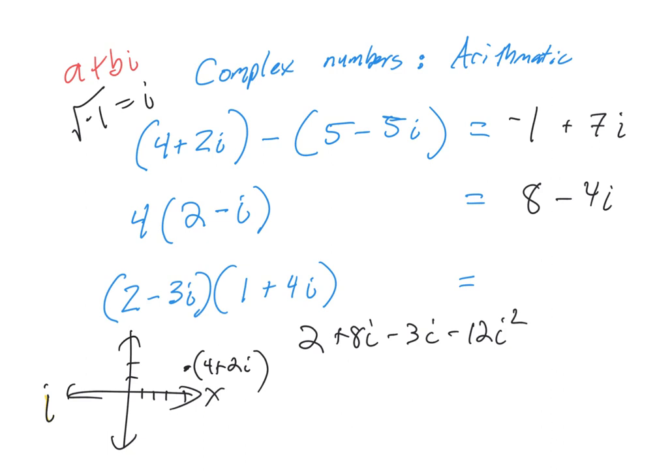So i squared is the square root of negative 1 times the square root of negative 1, which is negative 1. So this ends up becoming 2 plus 5i minus a negative 12, which is plus a positive, so I have 14 plus 5i.